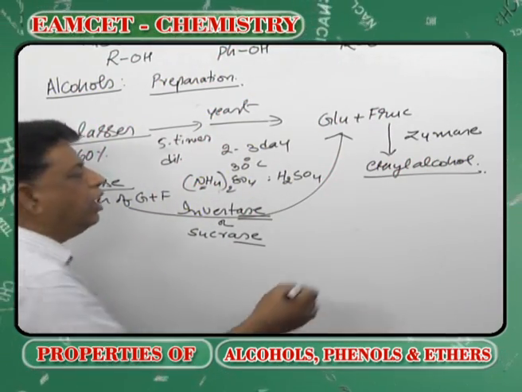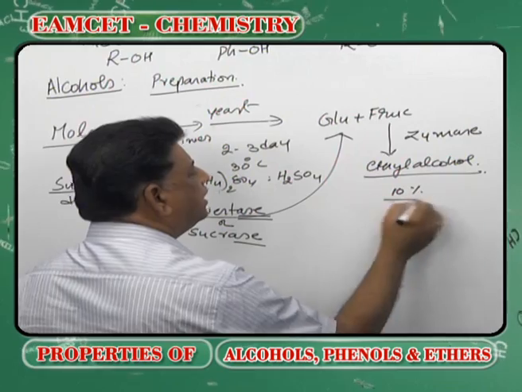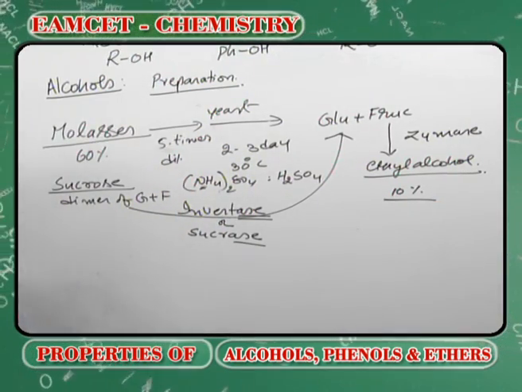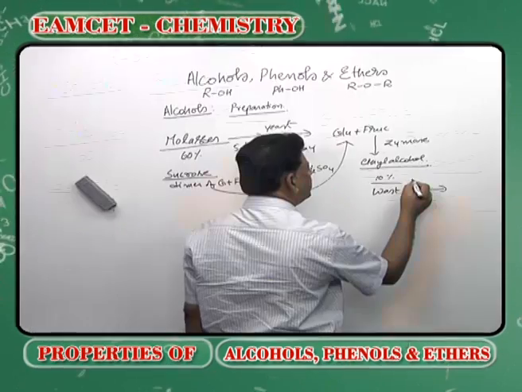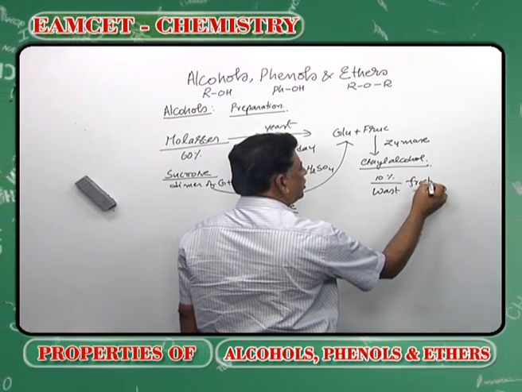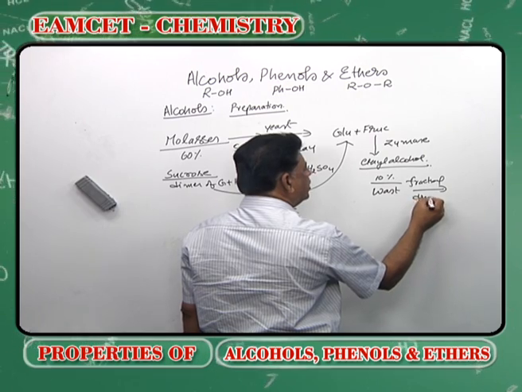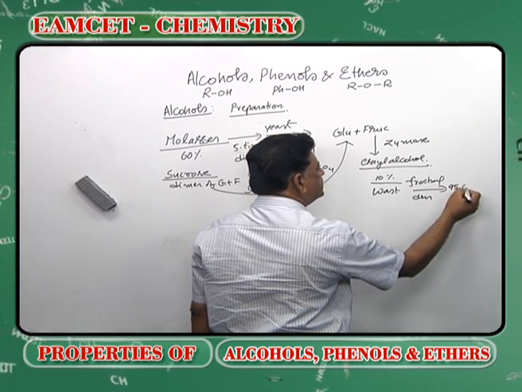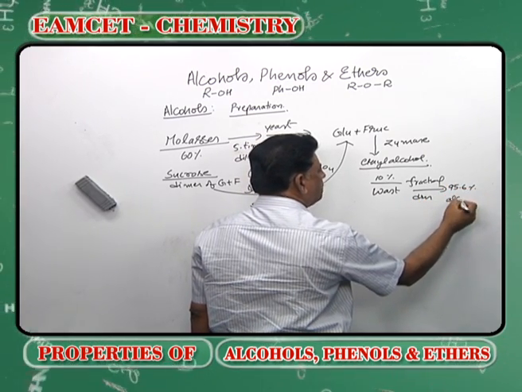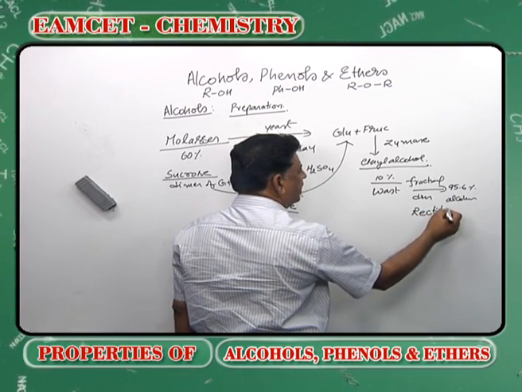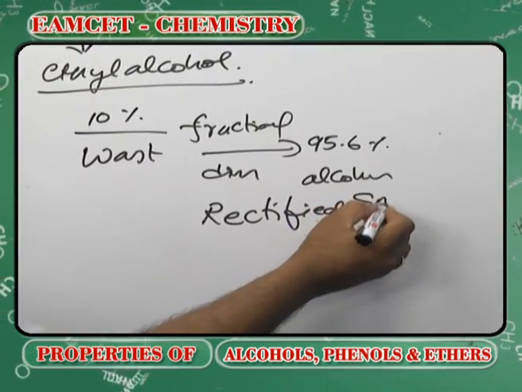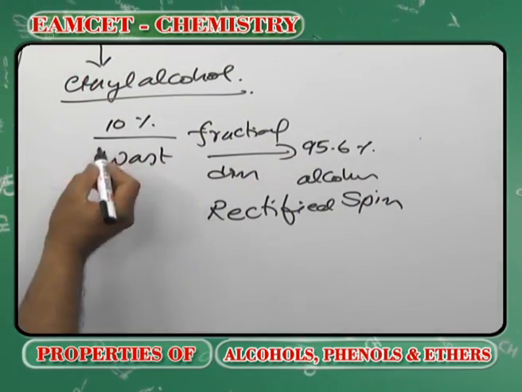In this, approximately 10% ethyl alcohol will be there, that is called wash actually. The wash, on fractional distillation, will give around 95.6% alcohol. This alcohol is called rectified spirit, in which the remaining water will be there.